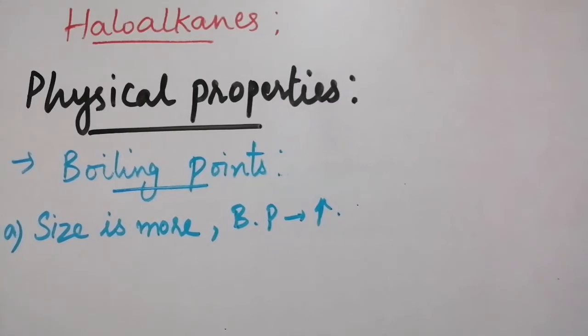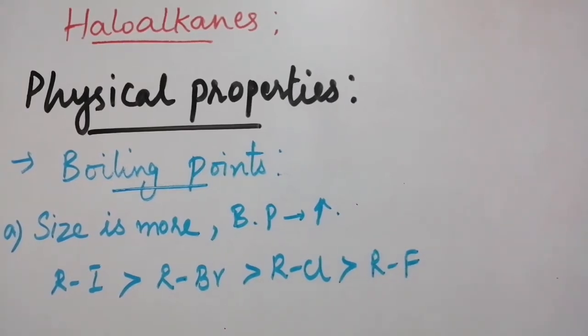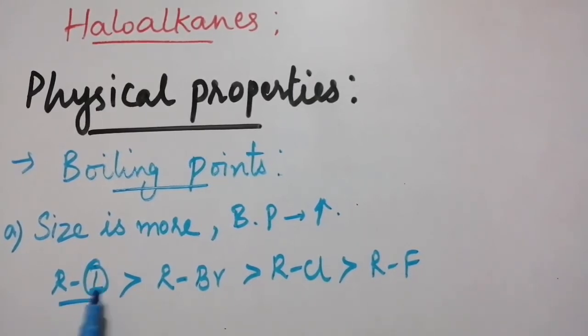For example, RI, RBr, RCl, RF. This is the criterion: in RI the size of iodine is more, so its boiling point is also more.